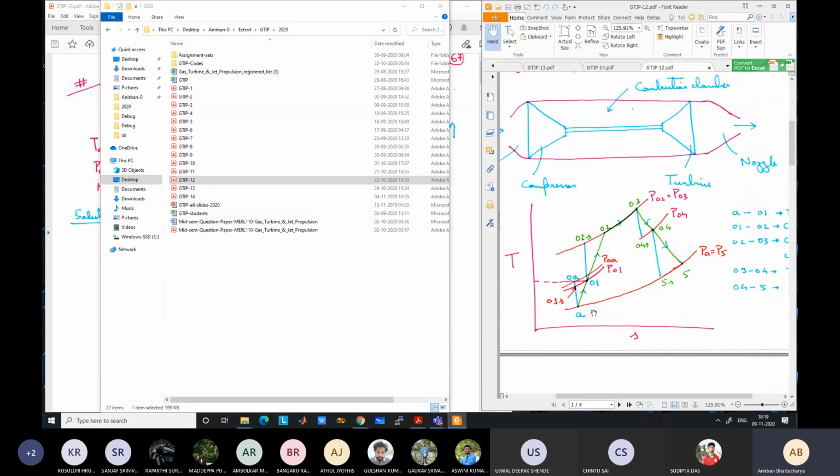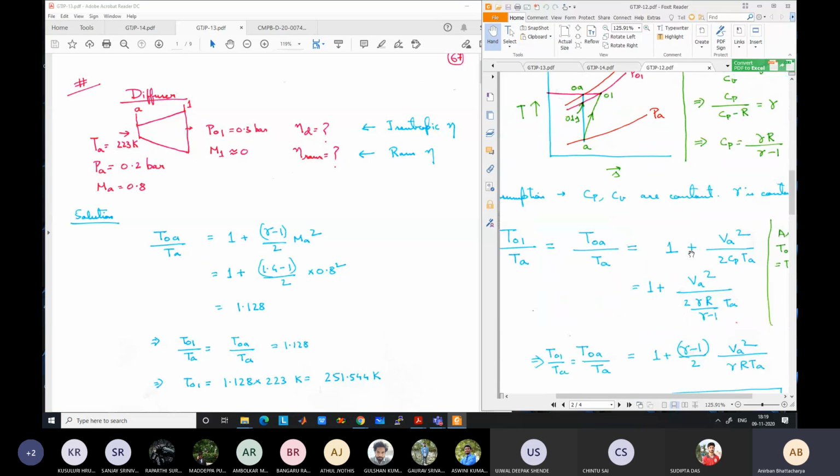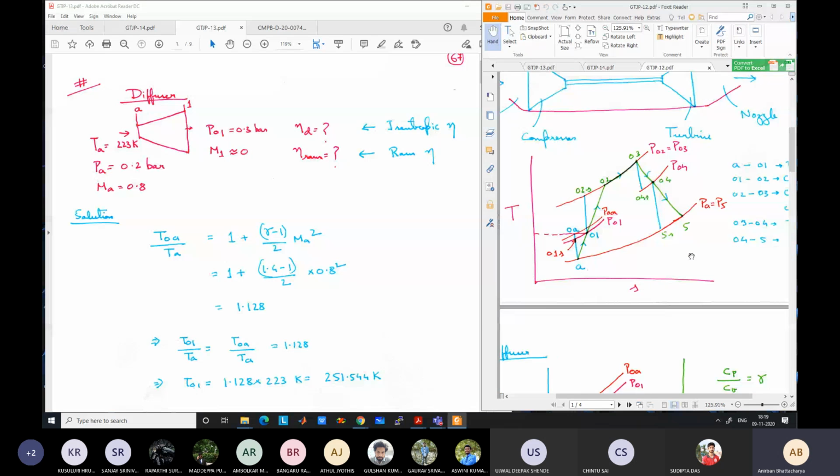For the turbojet engine, we had the diffuser part, and we have taken a look at how to calculate the efficiency from the temperature, or the other way around. If the temperature is known, how to calculate the diffuser efficiency. We have defined two types of diffuser efficiency: the ram efficiency and the isentropic efficiency. Then the compressor, combustion chamber, and turbine part you already know, but I have revised here again. You can go through the notes on how to calculate.